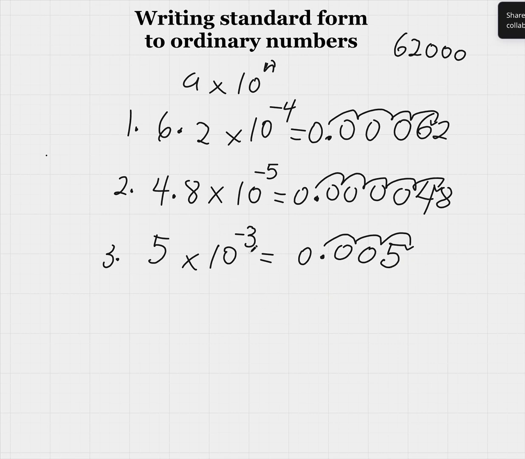So one clear difference from when the power is positive for a whole number a is, imagine this same question, 5 times 10, and the power here was positive. With positive, your whole number comes here, and then the number of zeros would still be 3 because a is not decimal.